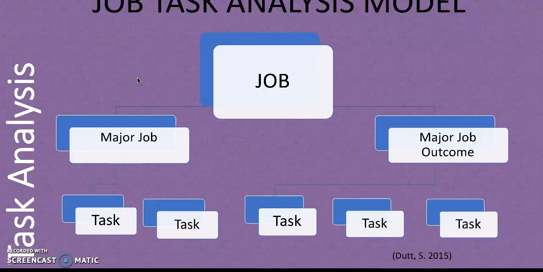A job can be broken down into major job outcomes, which in turn can be broken down into tasks. For the purposes of my presentation, I've given you one example. There are many. This particular slide just shows one job and two major job outcomes.